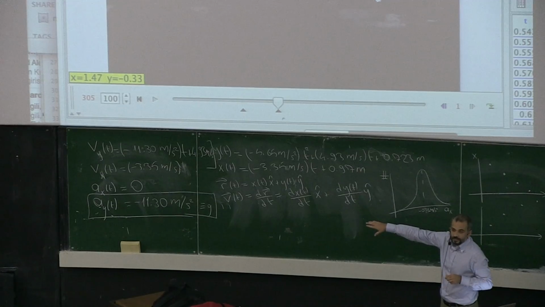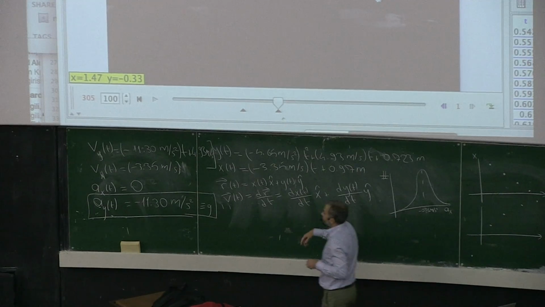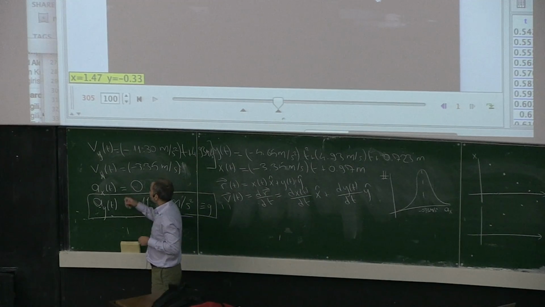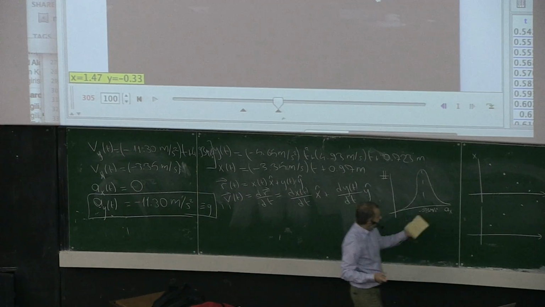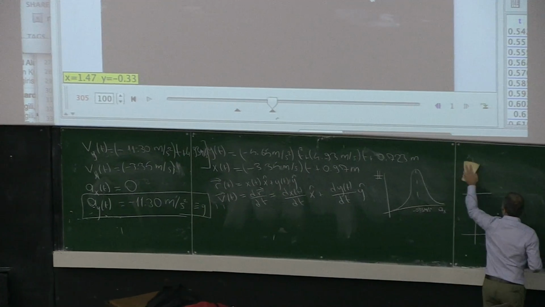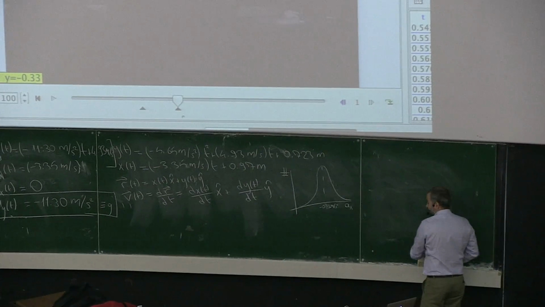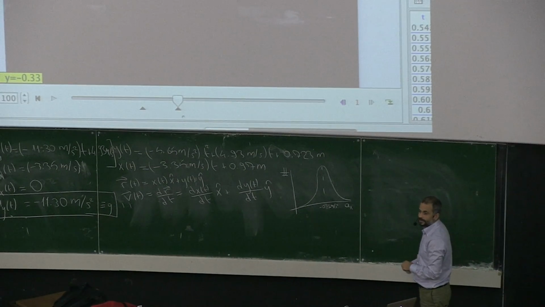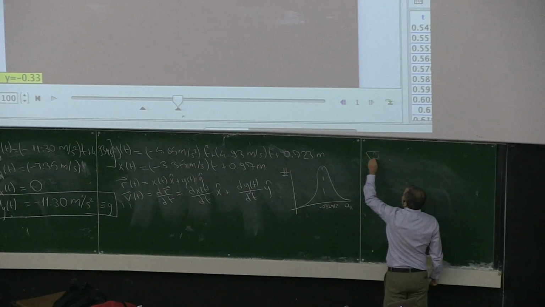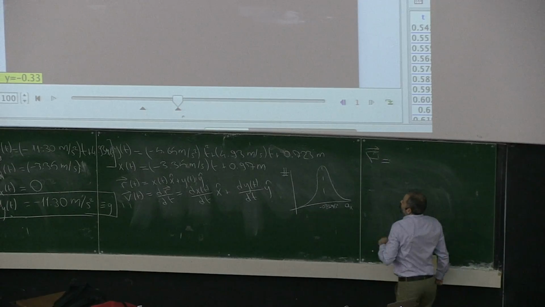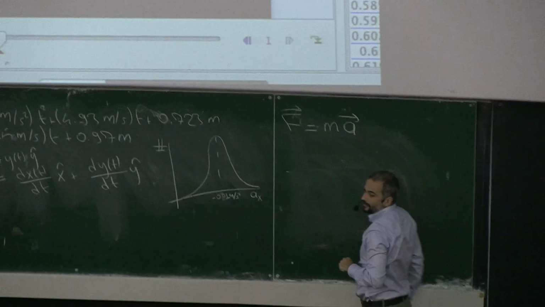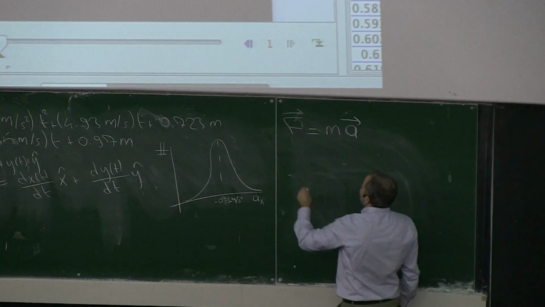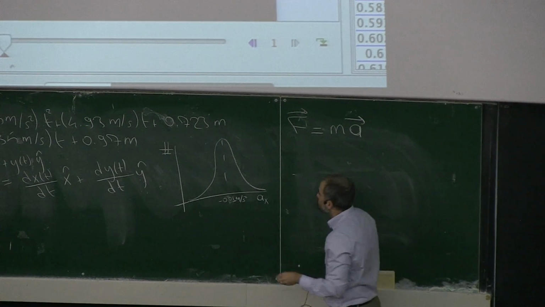Now, I know the accelerations. There is only acceleration in the y direction, and in the x direction, there is no acceleration. If I know the acceleration, I know the force acting on my mass. The force acting on my mass is just mass times the acceleration. The mass of my object, well, I measured at home before coming here.